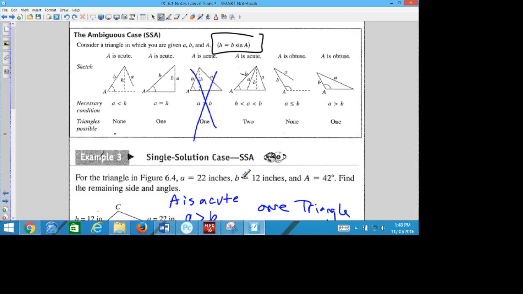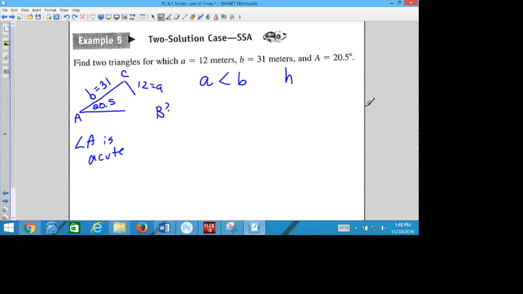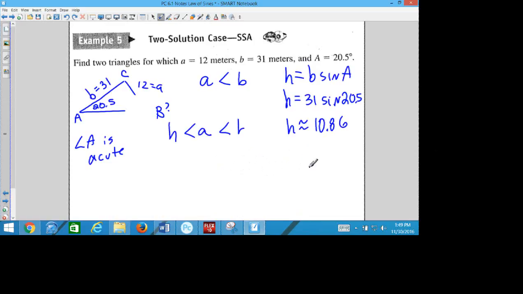We need to find H. So H is B sine A. The height is B sine A, 31 sine 20.5. So you should get that the height is approximately 10.86. How does that compare to A and compare to B? H is less than A, which is less than B. So that tells us in our chart that we're going to have 2 triangles.